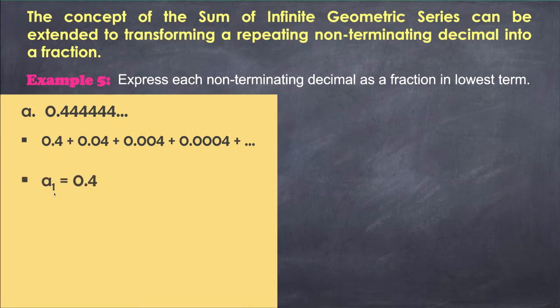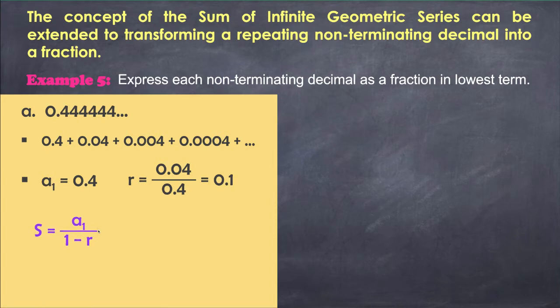The first term is 0.4. This is the second term, 0.04. Therefore, to get the common ratio, we have 0.04 over 0.4, that is 0.1. 0.1 is less than 1, therefore this is a convergent series.